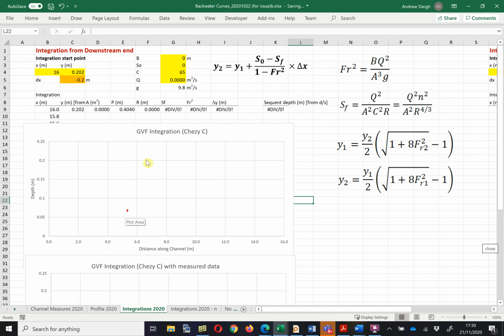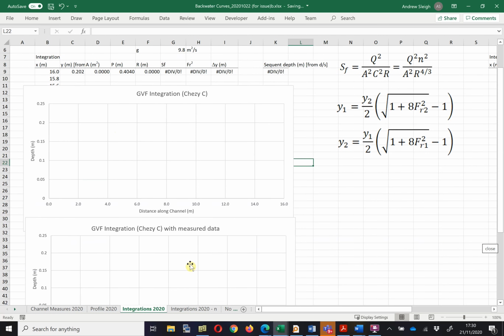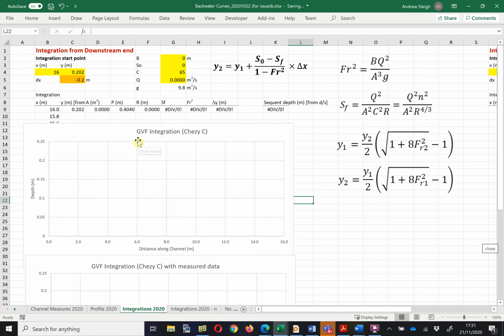You then need to actually do an integration. I've got some graphs set up. I'll explain further what the graph should look like in the lab screencast, but these tables are all pretty much set up for you to do that calculation.